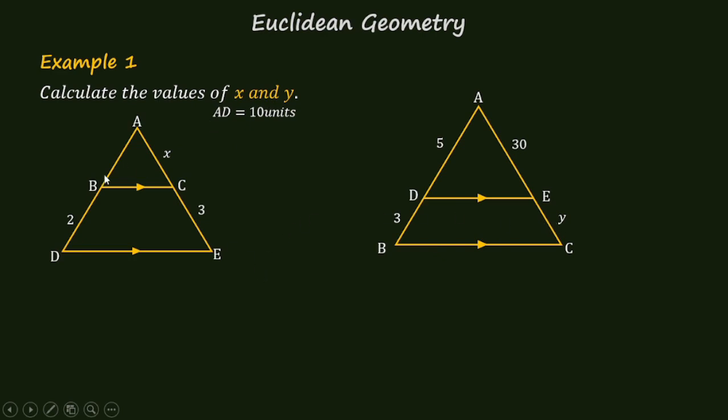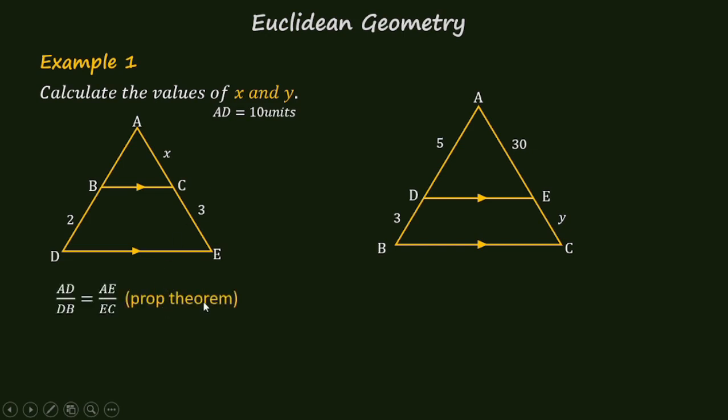Now we see that BC is parallel to DE in this triangle. That means we can actually express the sides of this triangle as equal ratios. We could say AD over DB equals AE over EC. And we would give the reason: proportion theorem.